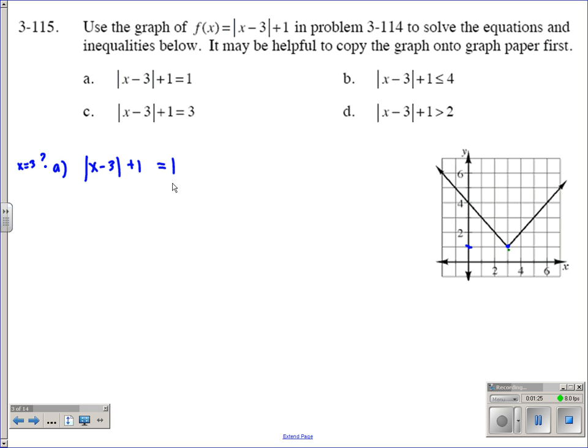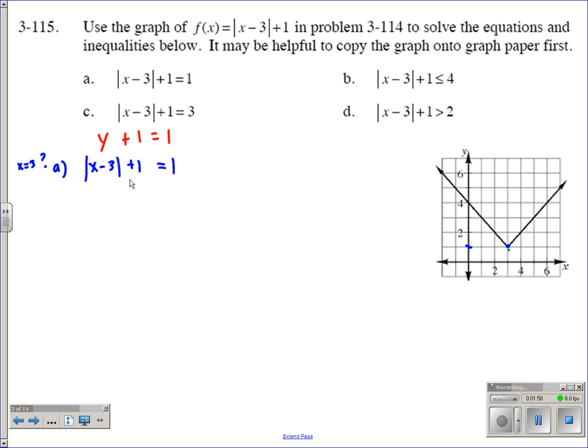Well, how do we solve this algebraically? First thing we want to do when we're solving an absolute value equation is try to get our absolute value by itself. That means you're treating it almost like it's a big variable. If I replaced my absolute value of x minus 3 with a y, and I said y plus 1 equals 1, and I asked you to solve this for y, you would subtract 1 from each side.